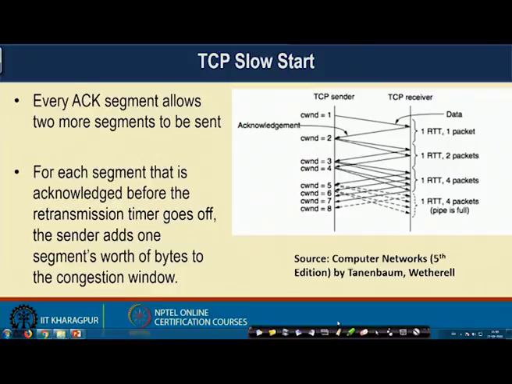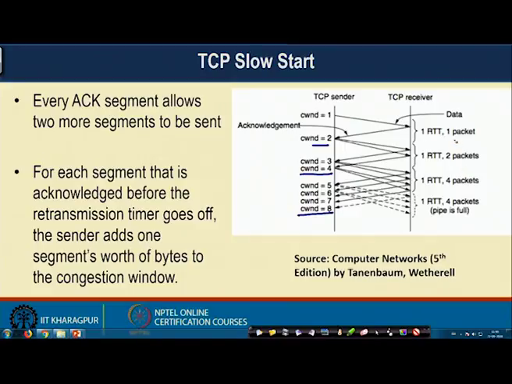So, what happens in this example? Initially your congestion window is 1. Once you receive the acknowledgement, your congestion window becomes 2. Once you receive the next acknowledgements, your congestion window becomes 4. Then once you receive all these 4 acknowledgements, your congestion window becomes 8. All of this transmission takes around 1 RTT per step.